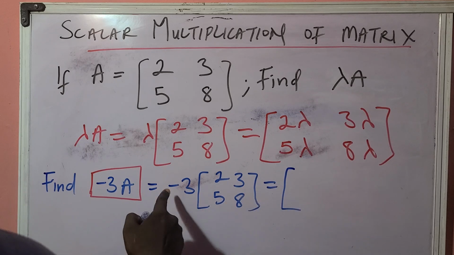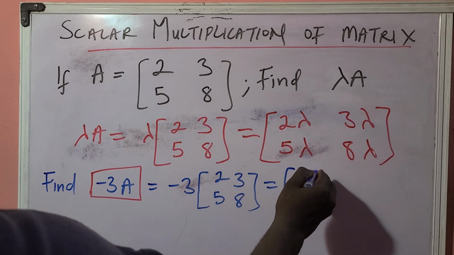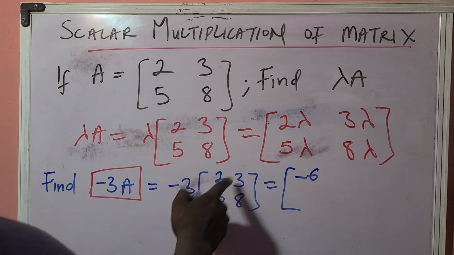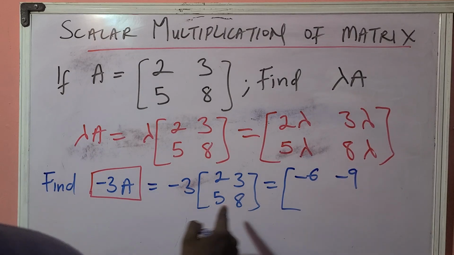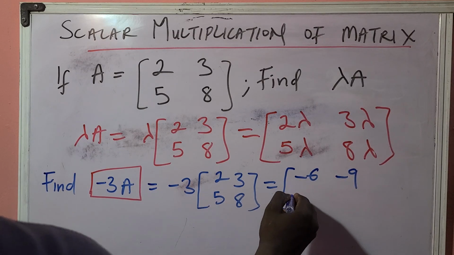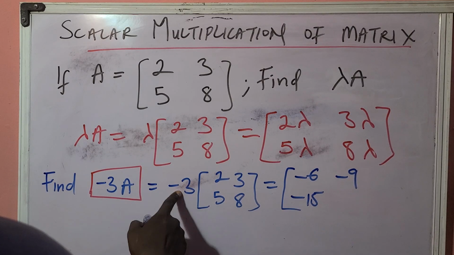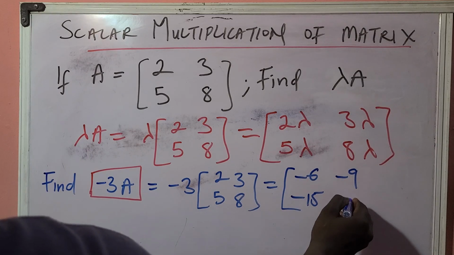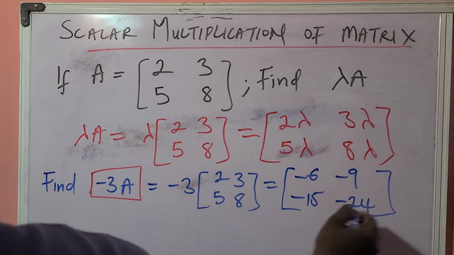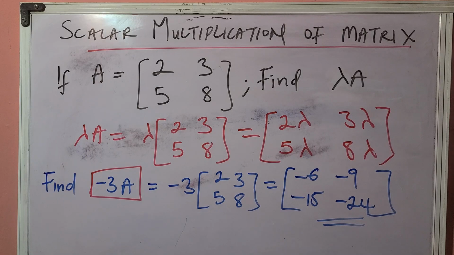So what you have is minus 3 times 2, that will be minus 6. Minus 3 times 3, minus 9. Minus 3 times 5, minus 15. Minus 3 times 8, minus 24. And this will be our result for minus 3A.